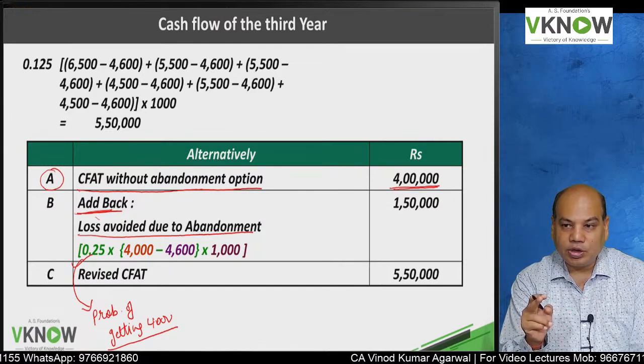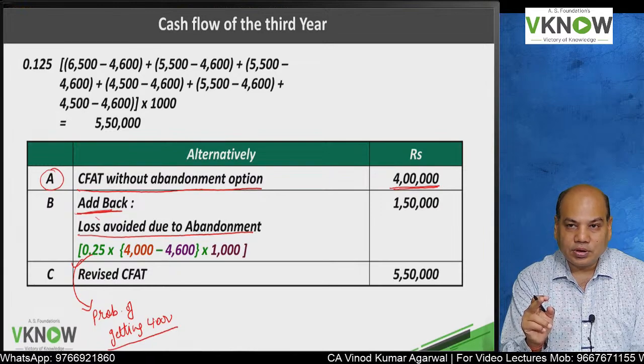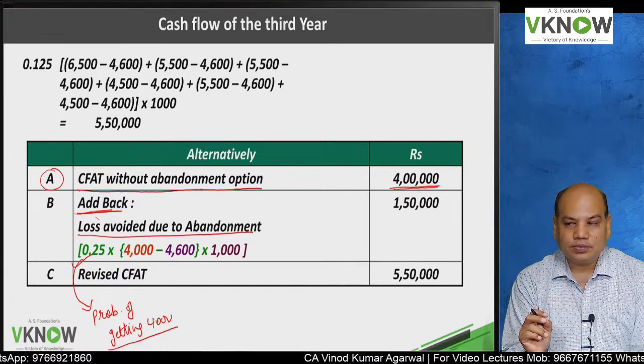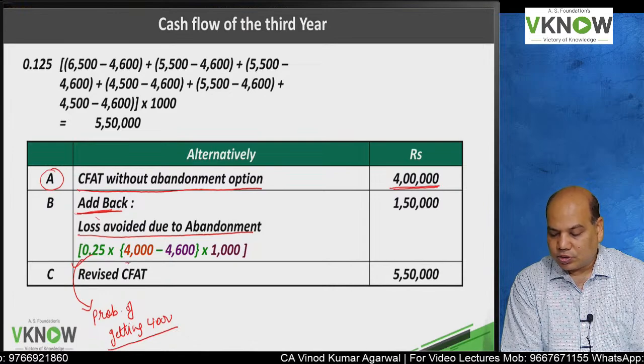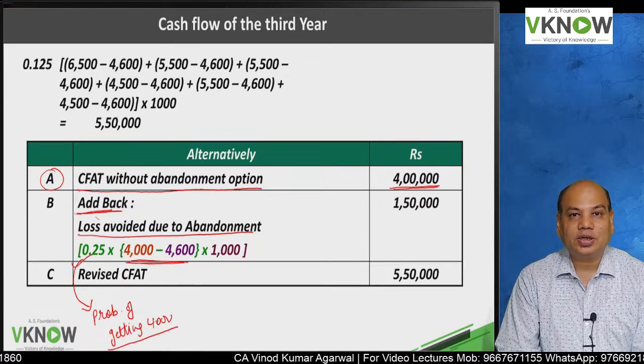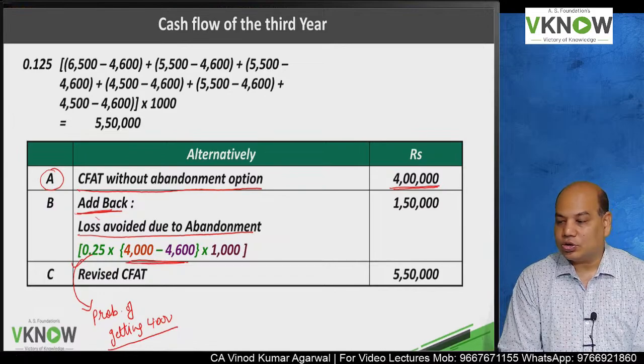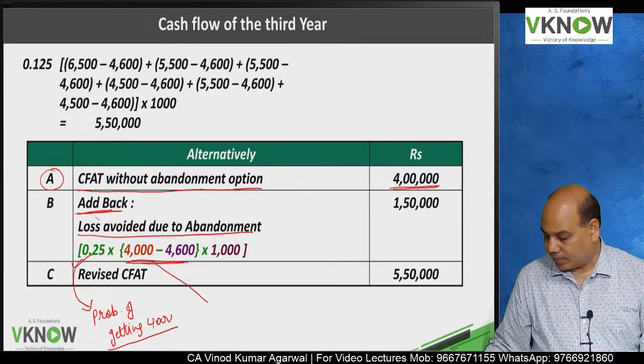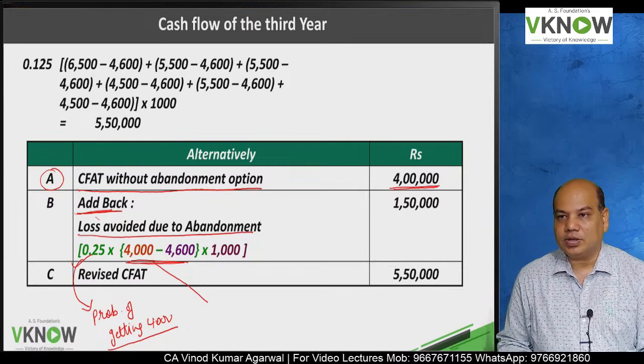The probability of getting 4,000 is 0.25, and this was the loss which you would have incurred, but now you will not incur. The loss you would have incurred was expected price.